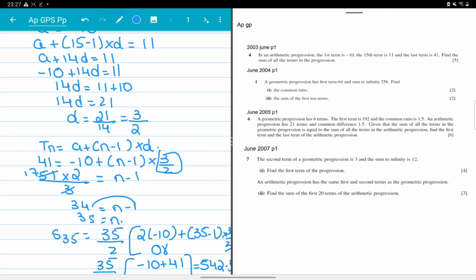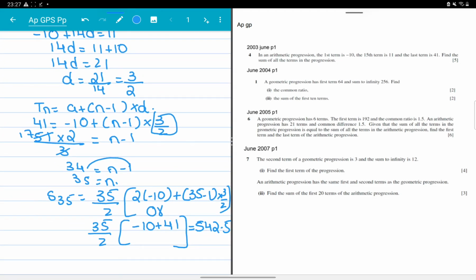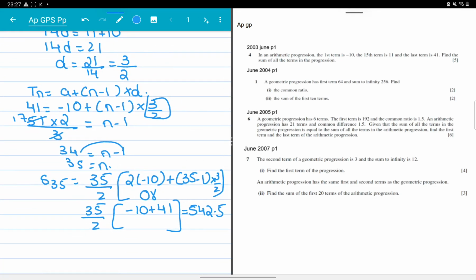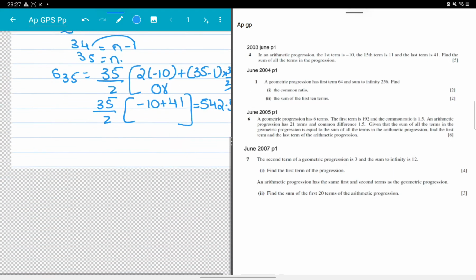For the number of terms, we use the term formula, which is Tn equals a plus n minus 1 into d. So we have the last term which is 41. So we'll substitute that 41 instead of Tn to find the number of terms. After finding the number of terms, we can use any of the sum formulas, either n over 2 times 2a plus n minus 1 into d, or we can use n over 2 times first plus last, because we have the last term, so we can use that formula also. Okay, now let's move towards the next question.